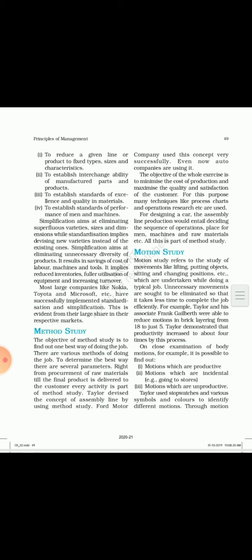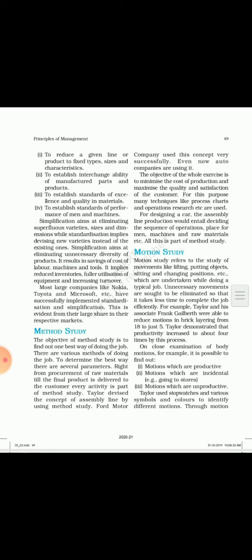The method which involves minimum cost and expected maximum returns from resources must be selected as the best method of production.